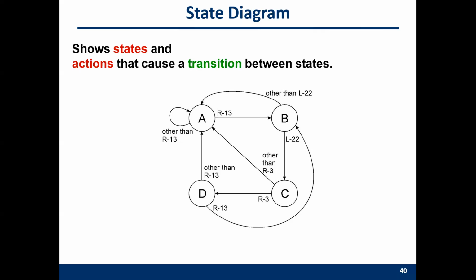For example, the R3 is actually a user input. If your lock is in state A, when the user gives you an input like R13, then your lock will move to the state B. So this diagram is used to describe the lock's reaction, particularly when the user gives some inputs.